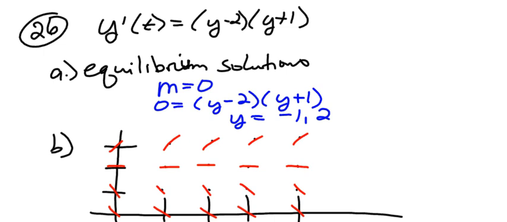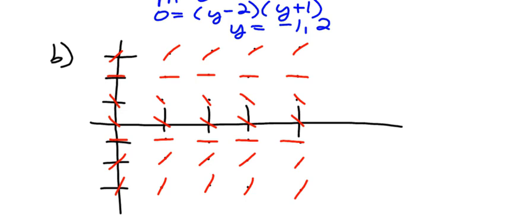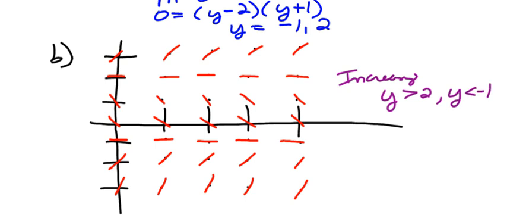So if we went ahead and I'd done the slope field, I went from 0 to 4 on the t-axis, and on the y, I went from -3 to 3. So I want to go ahead then. I have all my slopes in, and I want to know when I'm increasing slopes, or this differential equation is increasing, when y's are greater than 2 and when y's are less than -1.